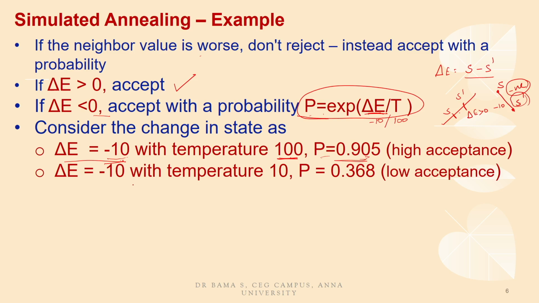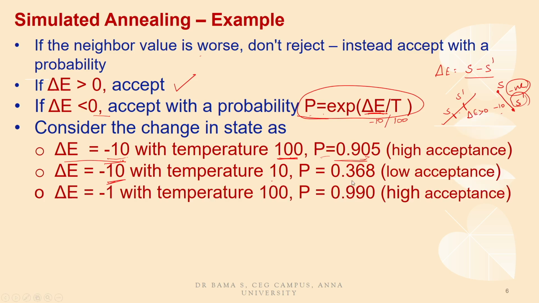And this is the second case. Suppose the same value of minus 10 remains the same, but the temperature is lower, the probability is 0.368, then it is low acceptance. So, we have a low acceptance and we can decide whether to accept this state or reject it.